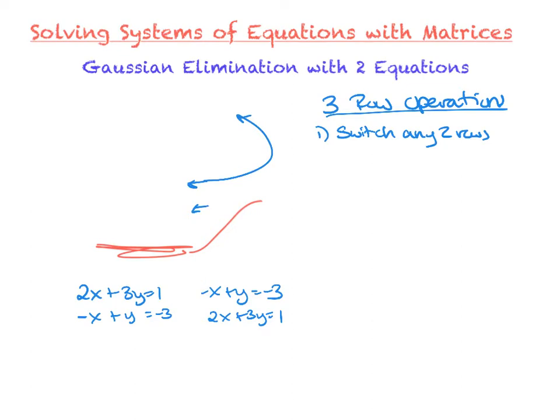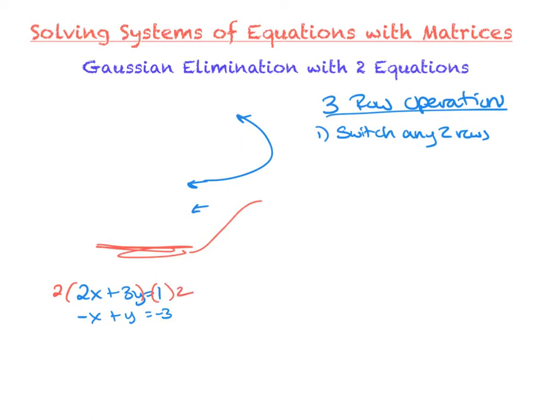So since changing the order of the two equations won't change the solution, changing the order of the rows won't change the solution. Okay, second thing that we can do is, just like in any equation, we can always multiply or divide any number by both sides.